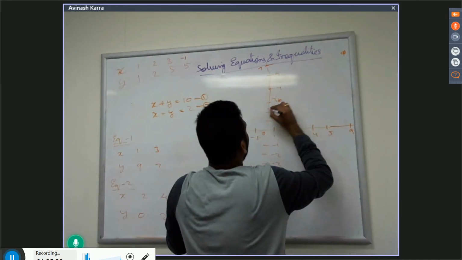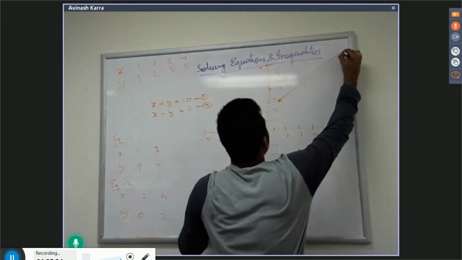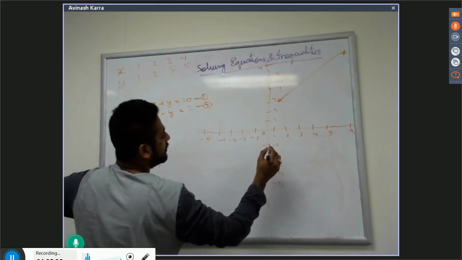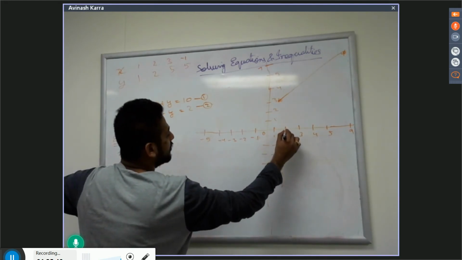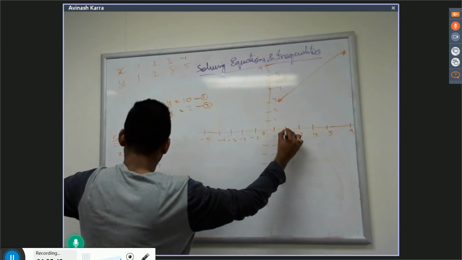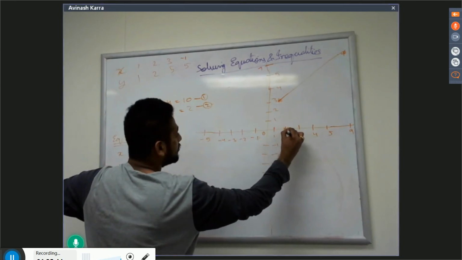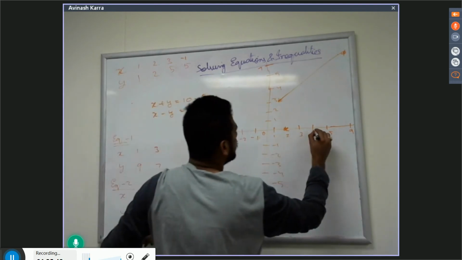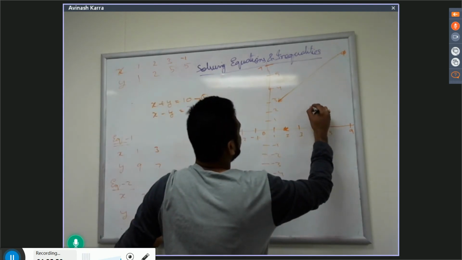So the line goes this way. Okay, and what is this? 2, 0 and 4, 2.